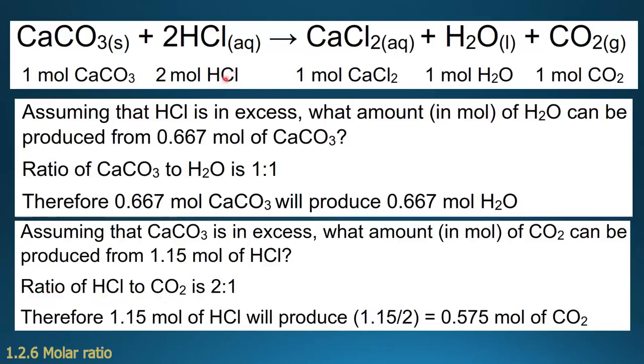So we have 2 moles of HCl to 1 mole of CO2. So therefore, if we have 1.15 moles of HCl, we will produce half as much CO2 because of this 2-to-1 ratio. So therefore, we divide 1.15 by 2 to give us 0.575 moles of CO2.